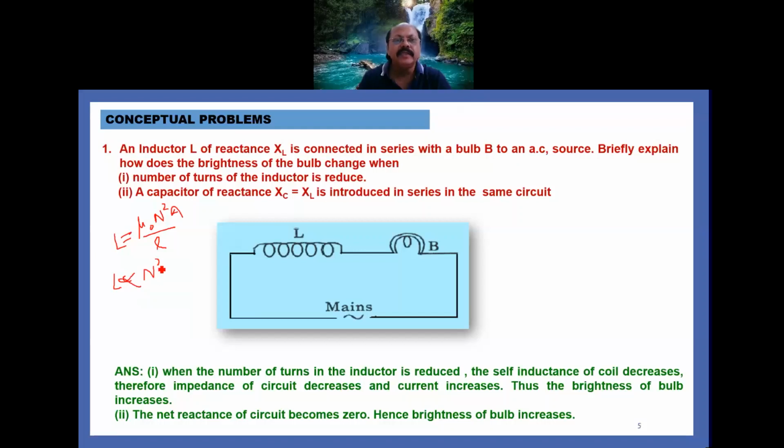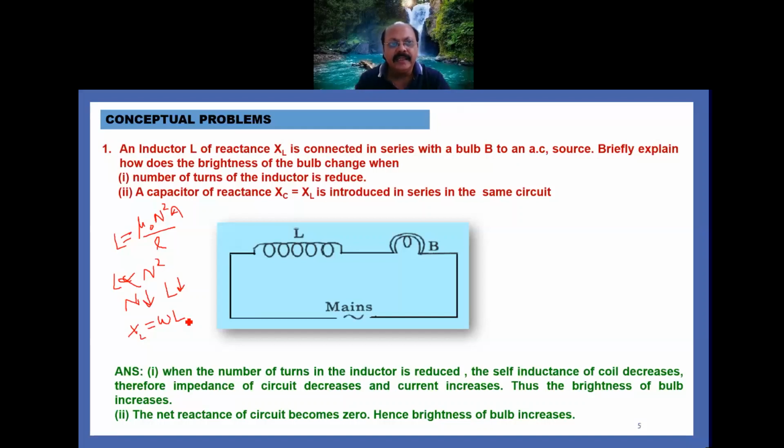If the number of turns n is reduced, then L also gets reduced. And you know the formula XL equals omega L. So if L reduces, then XL also reduces. Then the impedance of the circuit decreases and the current increases, and the bulb glows brighter. So the brightness of the bulb increases.